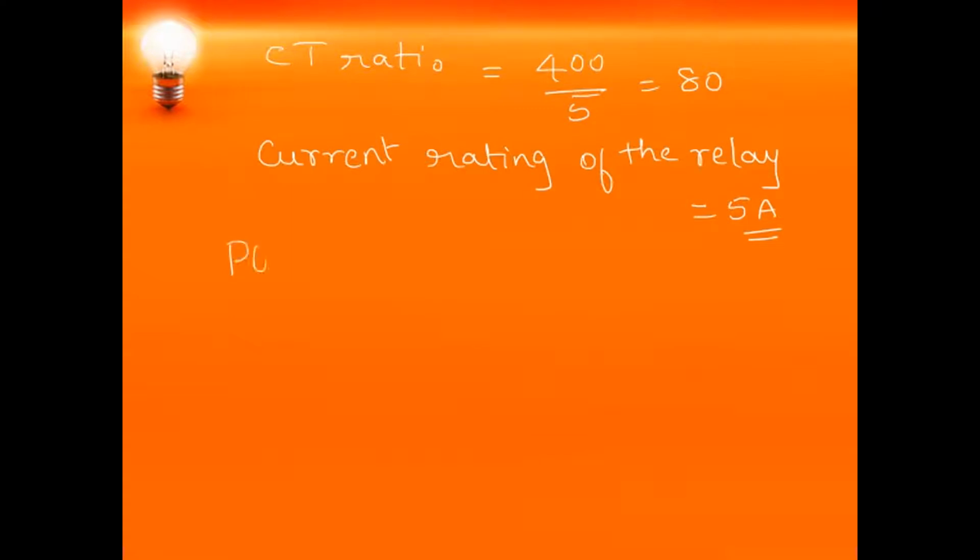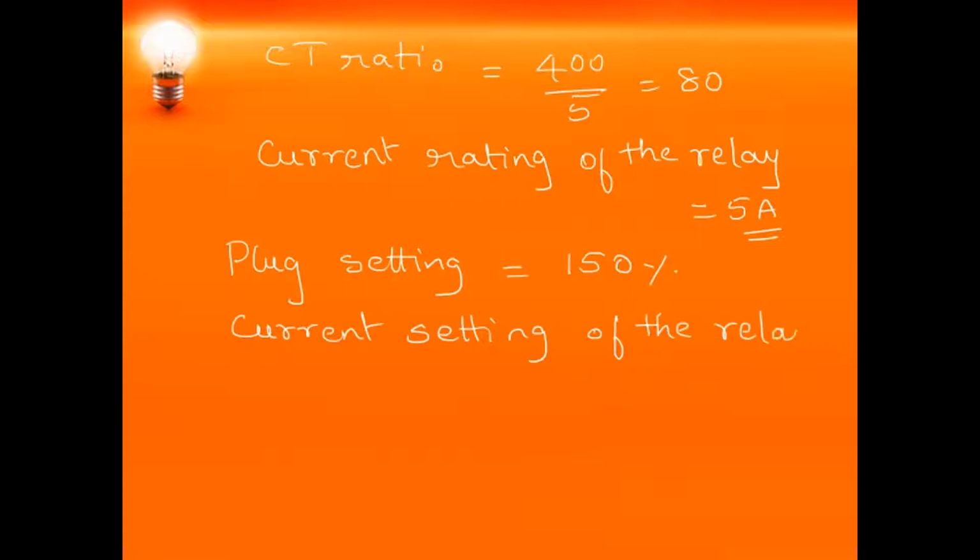The relay is set to operate if the current exceeds 150%. So plug setting is 150%. So current setting of the relay is 150% of 5, which is 7.5 amps.